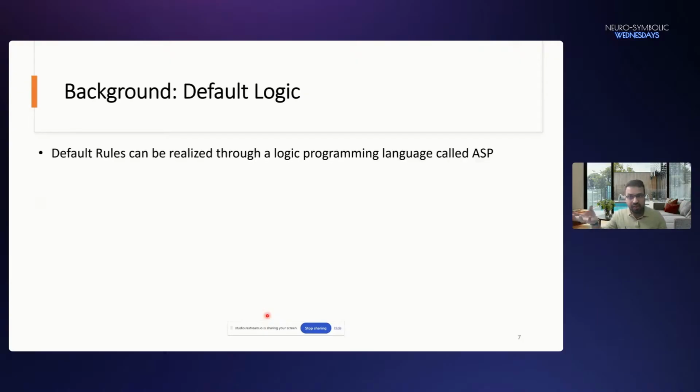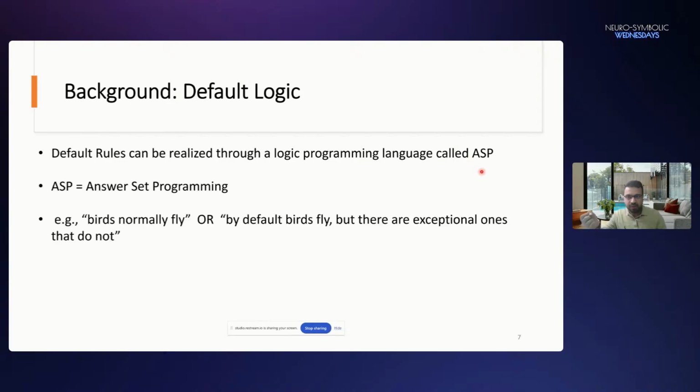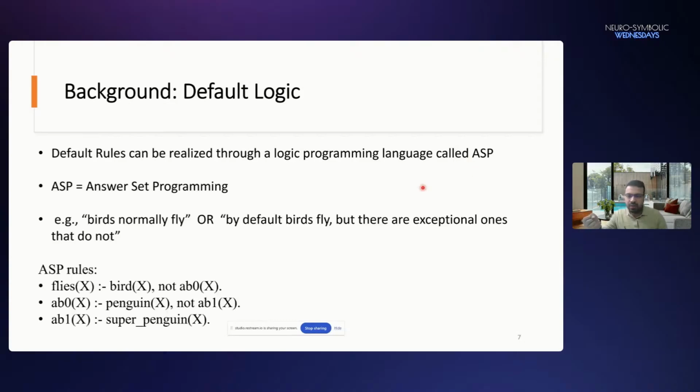Now, the good thing is that default rules or default logic can be realized through a logic programming language called answer set programming. ASP just gives default rules this operational semantics.